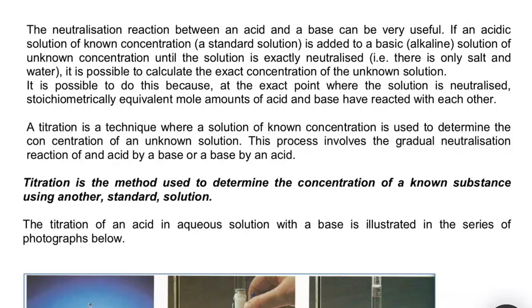So let's take a look and see what is really happening here. The neutralization reaction between an acid and a base can be very useful, as we have talked about previously. If an acidic solution of known concentration is added to a basic solution of unknown concentration until the solution is exactly neutralized, it is possible to calculate the exact concentration of the unknown solution.